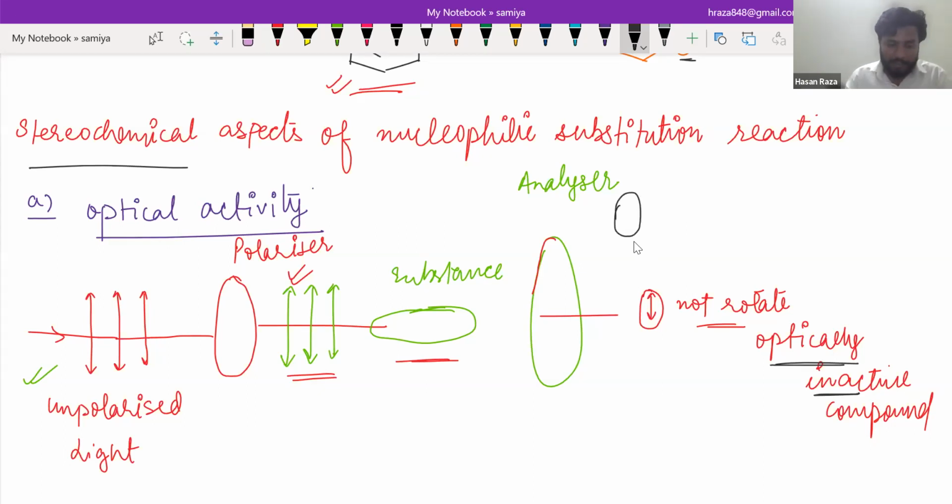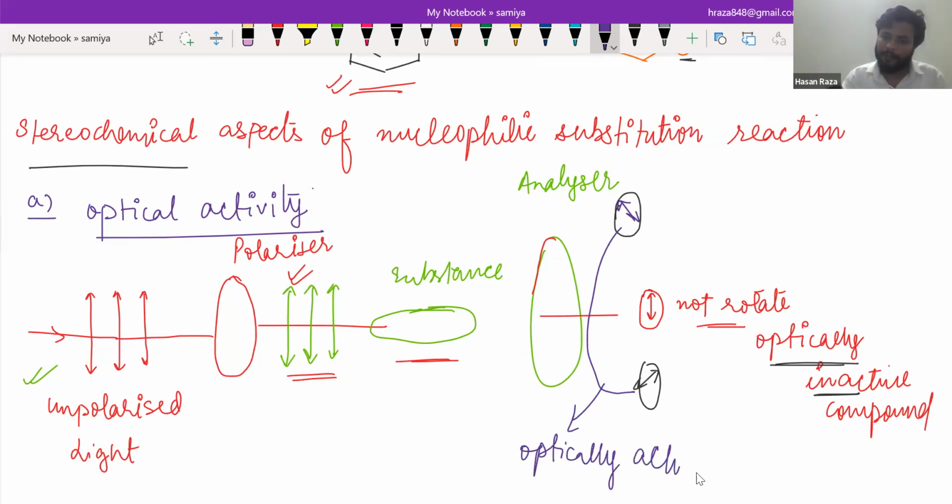Now it can rotate either clockwise like this, or anti-clockwise. First of all, if the light ray will rotate, that means it is optically active compound. Rotate, that means optically active compound.